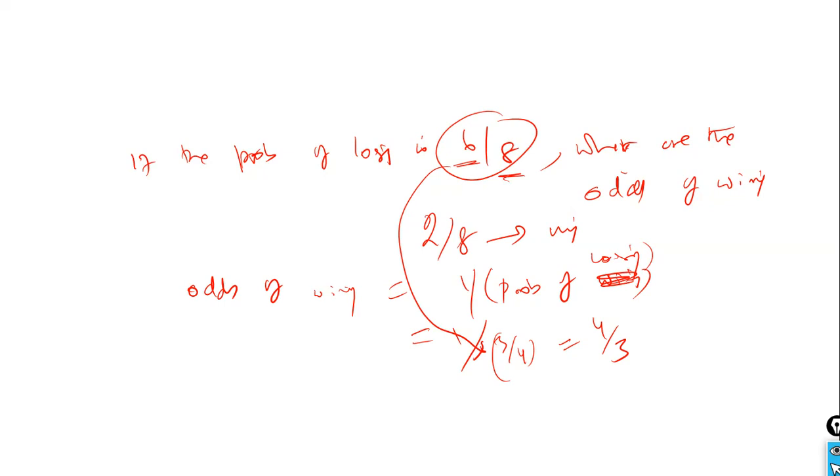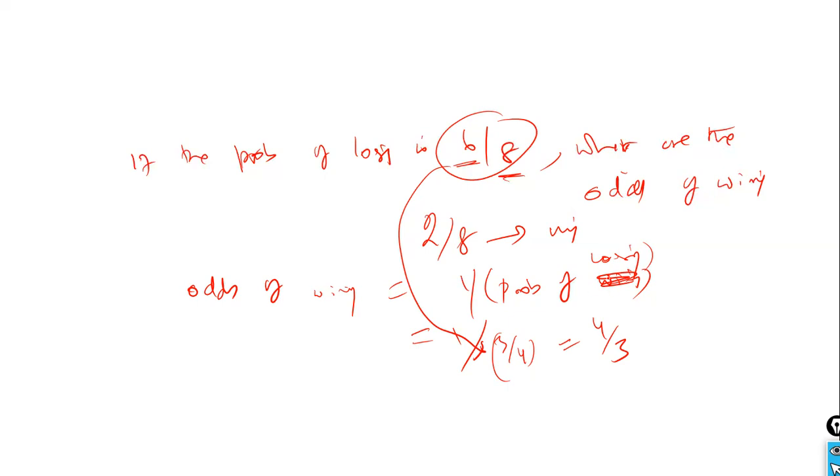So odds of winning வந்து, sorry, okay, odds of winning வந்து 1 divided by probability of losing. Okay, so here we can say 4 out of 3 chances, right? 4 out of 3.